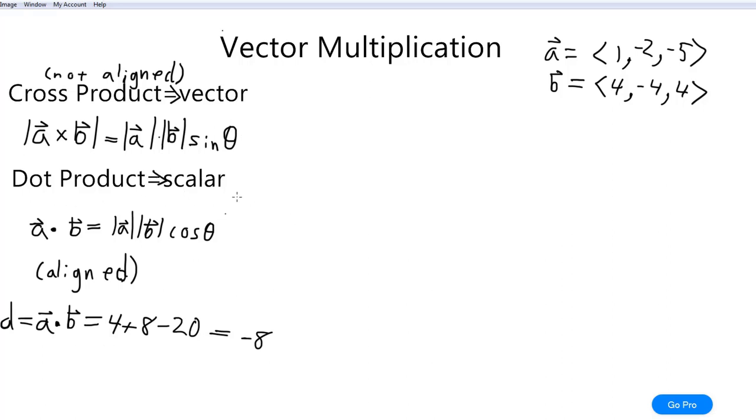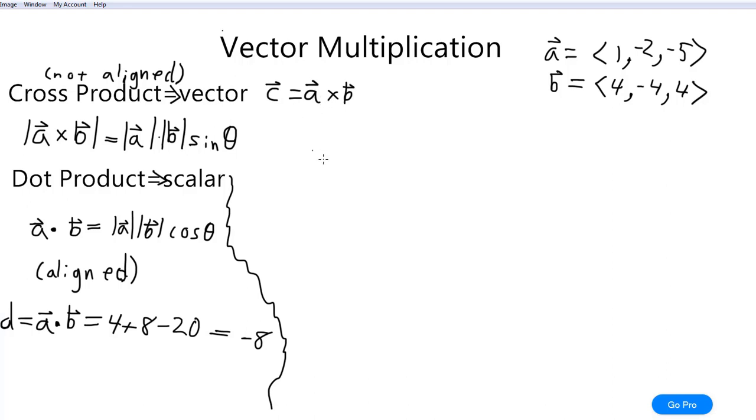I'm going to leave some room so we can do the cross product now. The cross product, we'll say, is going to equal the C vector. The C vector is just going to be A crossed with B. In order to do the cross product, you're going to have to do a determinant of a matrix.